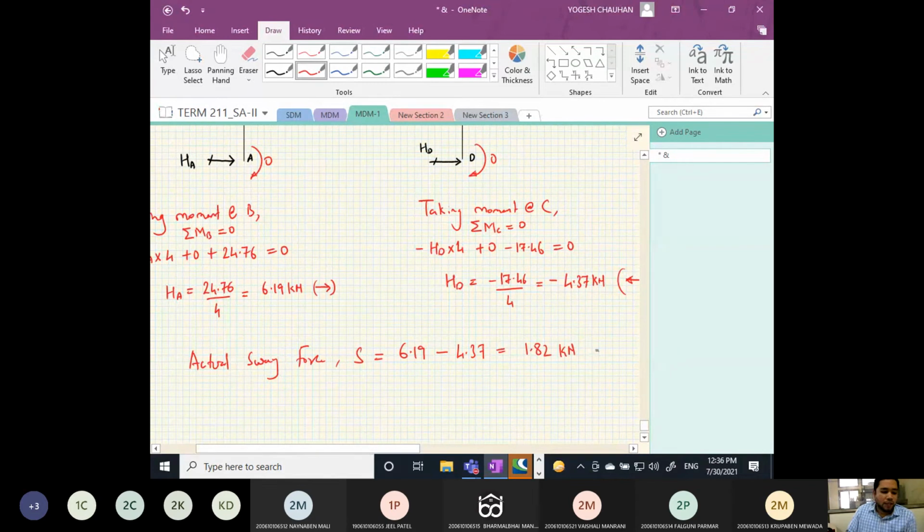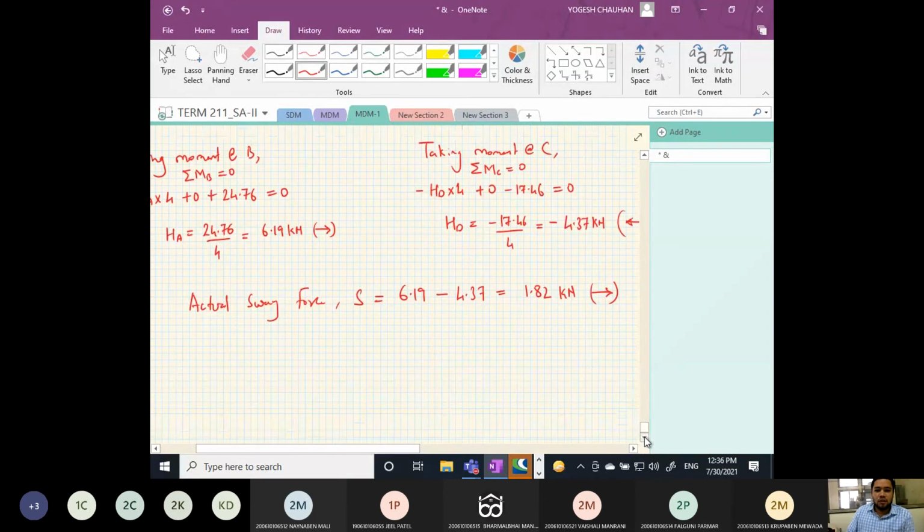This is the actual sway force, acting towards the right because 6.19 is the greater value. Towards the right means your arbitrary moment should be negative.